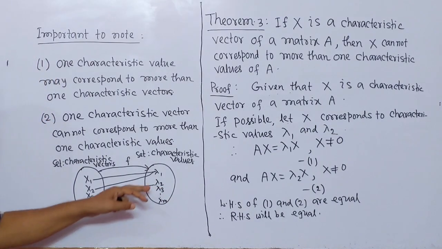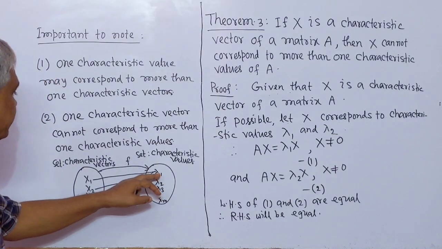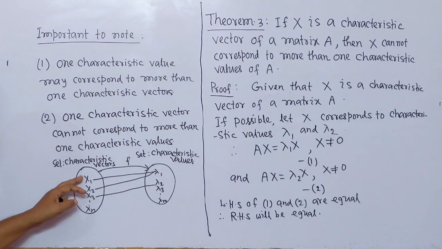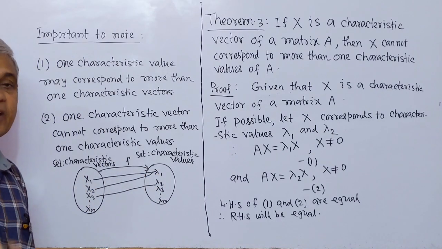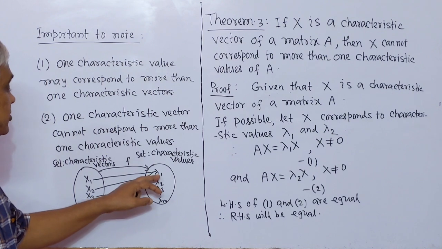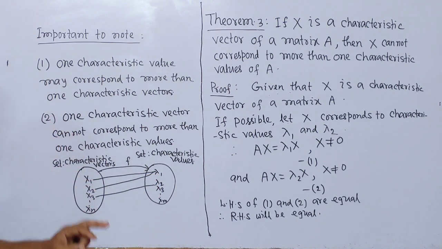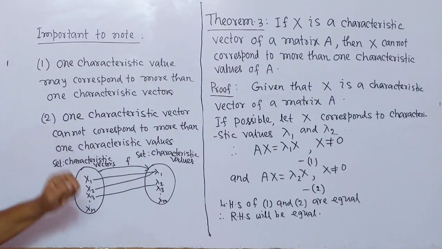Here we see that the characteristic value lambda 1 corresponds to characteristic vectors x1 and x2. That is, one characteristic value corresponds to more than one characteristic vector, x1 and x2. Number one.